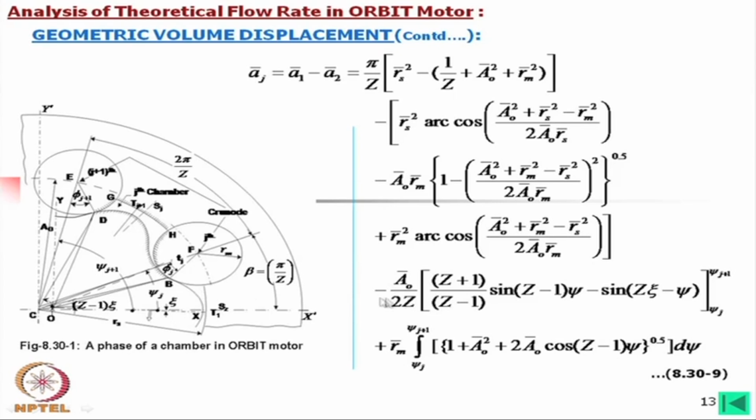So, to say, if we consider any j and whatever the rotation might be, 0, 1 degree, if we substitute these values, we will get the area of a particular chamber. If we consider the next chamber, we have to take all such values accordingly.